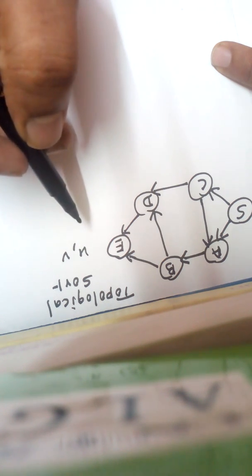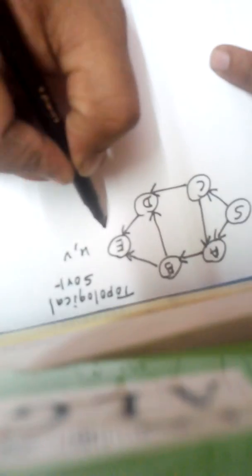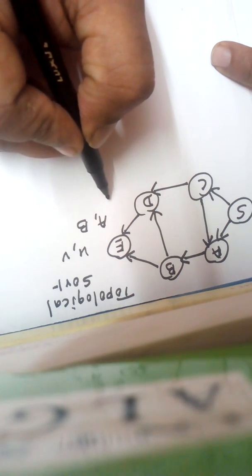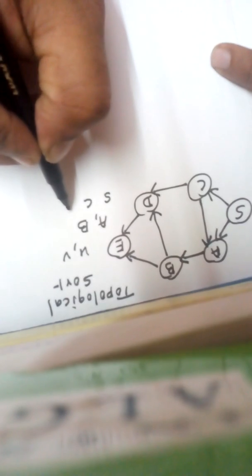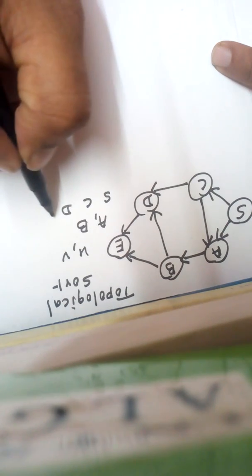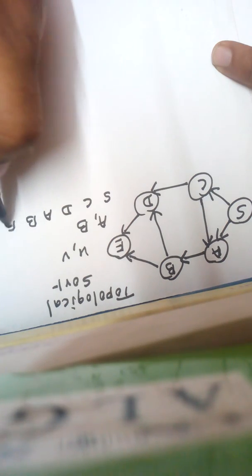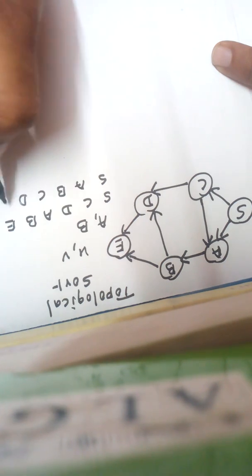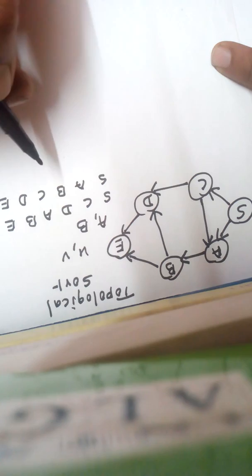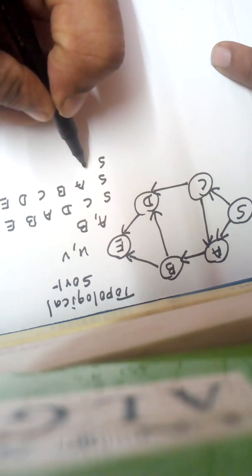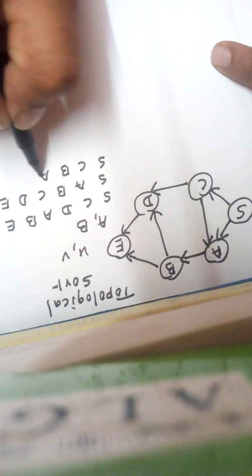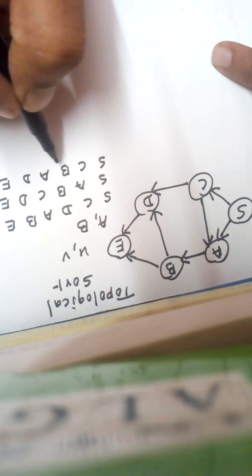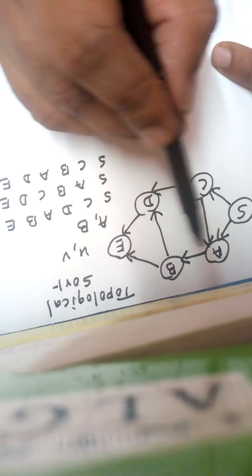So let us take an example. We do have an edge here at AB. Topological ordering for this graph could be something like S, C, D, A, B, E, or S, A, B, C, D, E. And it cannot be something like S, C, B, A, D, E, because in this ordering we have A after B, but in the graph we have the edge AB.